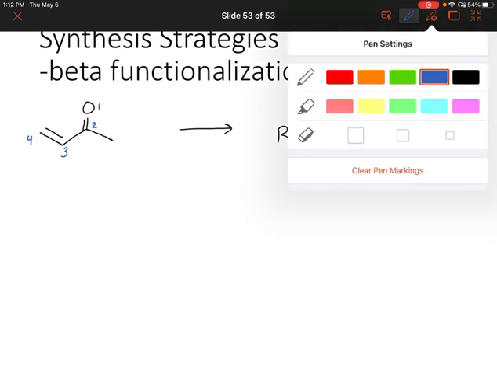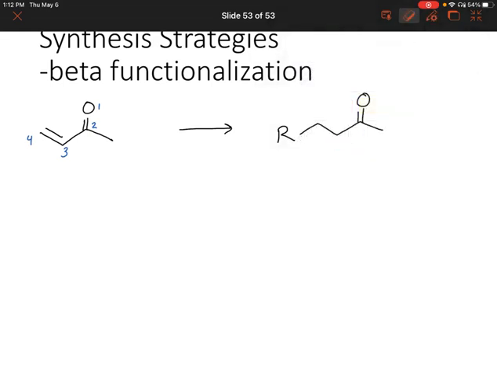Oh, I misnumbered these. 1, 2, 3, 4. There we go. So another way of saying this is we're adding an alkyl group to the beta carbon on our alpha beta unsaturated ketone. So which reagents do we use?